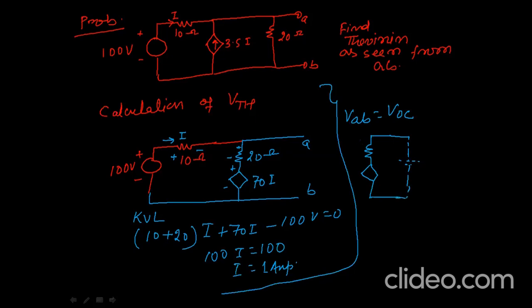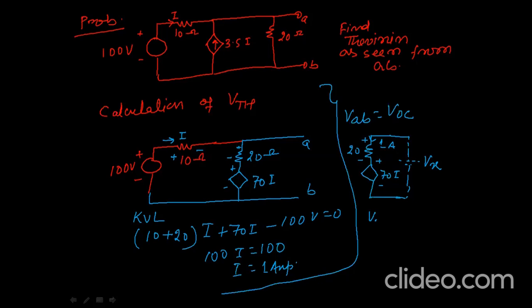But here current is going in this direction, so positive will be here, negative will be here, and 20 ohm resistance is this. And how much current is going? 1 ampere. Current is going in this direction, and this is positive, negative, and this is 70 I. So this is Vx. So just applying Kirchhoff voltage rule from start here and going entering here.